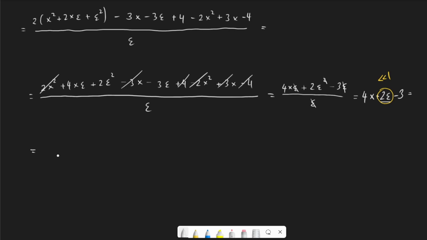And because of this, we will only have 4x minus 3. So the derivative of our function is 4x minus 3. And as I mentioned, this is also a function, and we can see that it depends on x. So let's just calculate the slope of the function at -1. So f prime at -1 is 4 times -1 minus 3, which is -4 minus 3, which is -7.